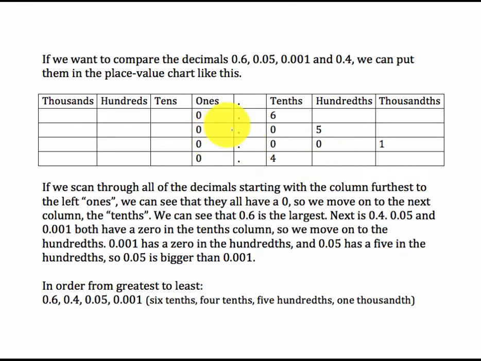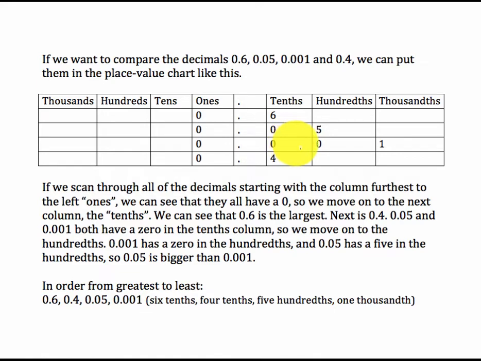Again, starting at the far left, we have zeros in all of them in the ones column, so they're all the same in this respect. So I'd move 1 spot to the right and look for the largest digit, which is a 6. So that tells me that this first decimal, 0.6, is the largest, and then the next largest digit is a 4, so the 0.4, or 4/10ths, will be the second largest. These 2 decimals, 0.05 and 0.001, they both have a 0 in the tenths column, so they're equal up to this point.